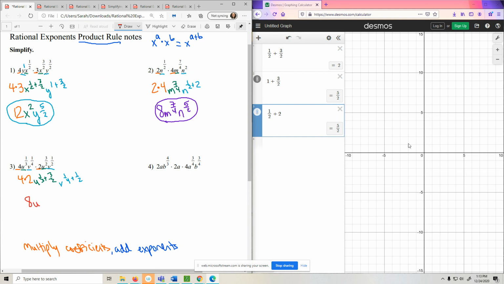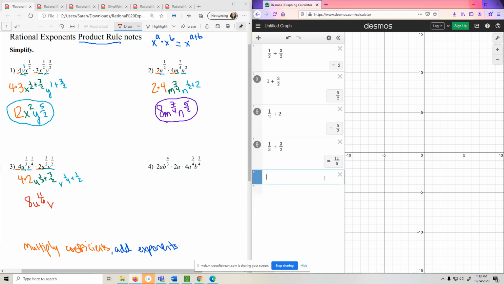For the u, let's use Desmos to help us with the fractions. 1/3 plus 3/2. We don't want that decimal. To switch it to the fraction, hit the little fraction symbol next to this. We get 11/6. Kind of weird looking fraction. We're going to get some weird fractions for these, and that's perfectly fine. Don't let that scare you. And for the last one, for v, I need to add 1/4 plus 1/2.